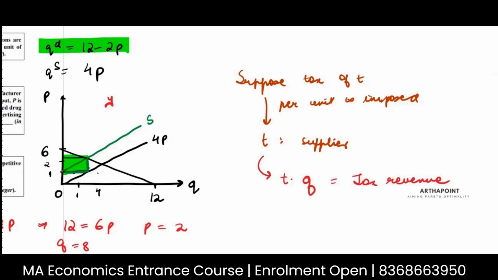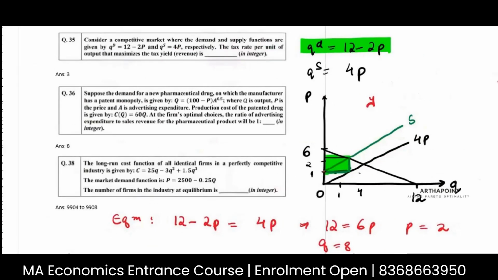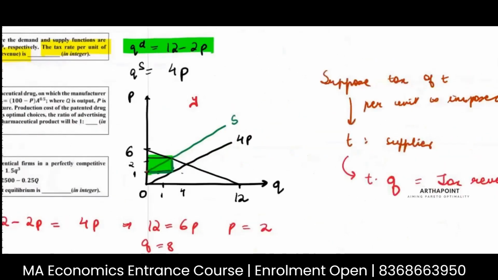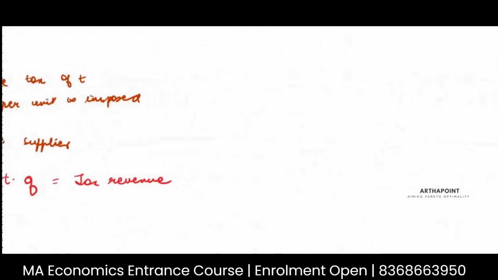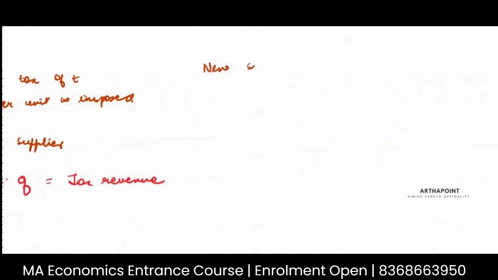The aim is to maximize that tax revenue. This is what the question is saying. What is the tax rate per unit that maximizes the revenue? What is that T which maximizes my revenue? So let's say that I charge a tax rate of T. Now, what will be my new supply curve?